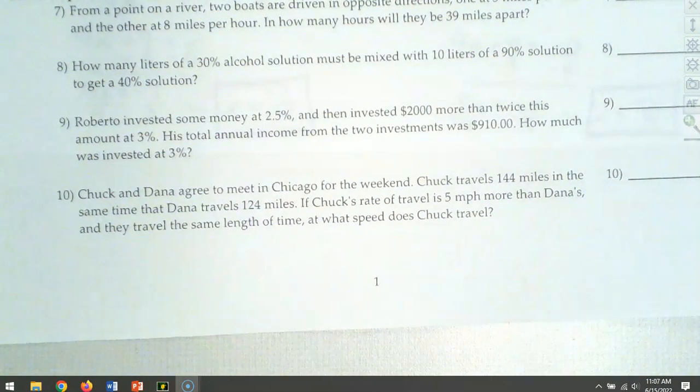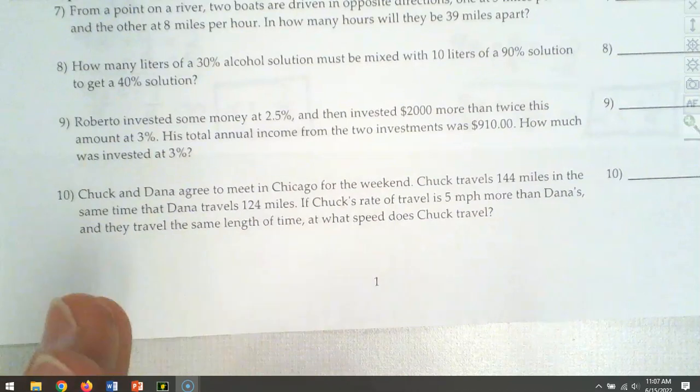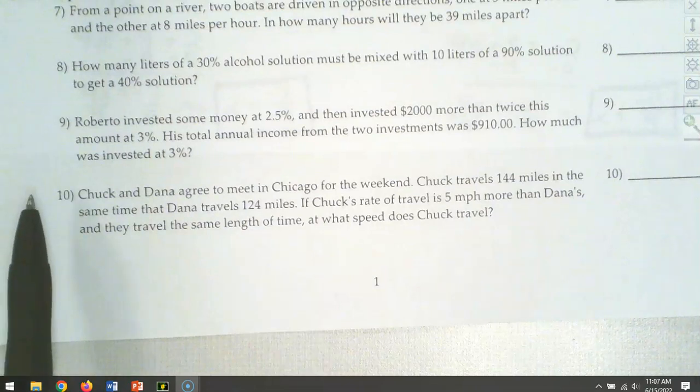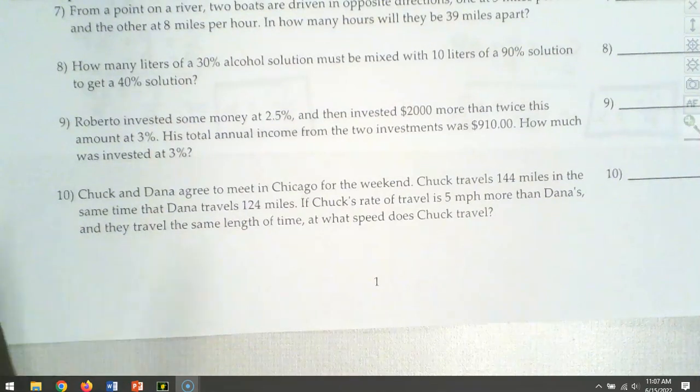I'm not going to work it out, but I'm going to get you mostly through it. I'm going to make sure you know how to set it up. And then you can solve it at the end. So on our take-home exam, question 10.